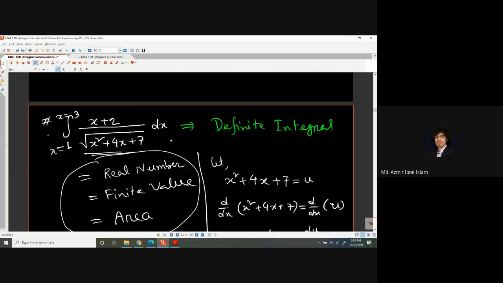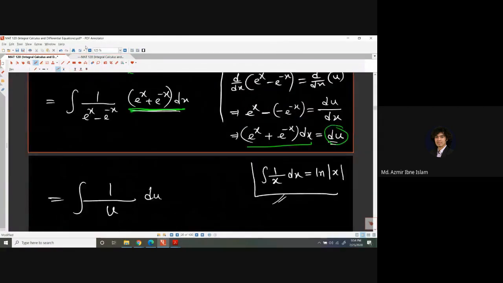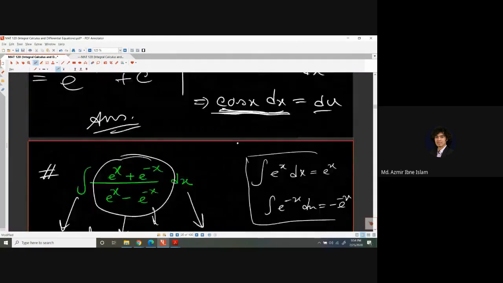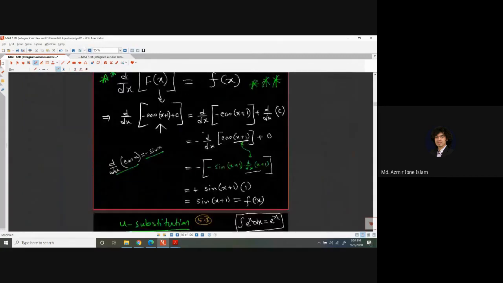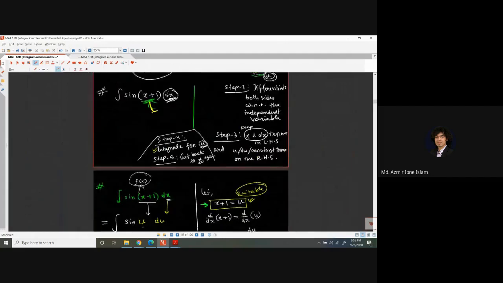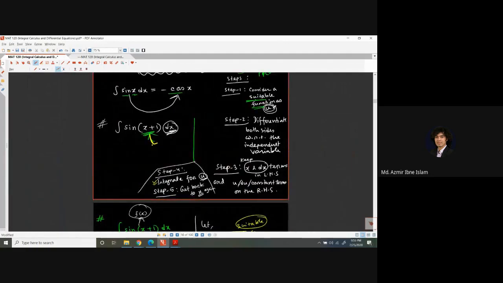So if we have a look at the steps again, we are following these steps. Step 1 is to consider a function, then we have to differentiate both sides, then after differentiation keep x and dx terms on the left hand side, and on the right side u terms, du terms, and constant terms.